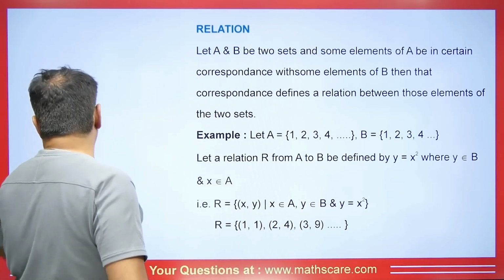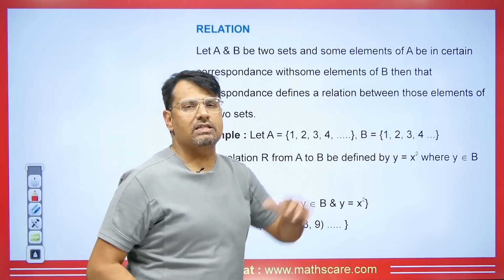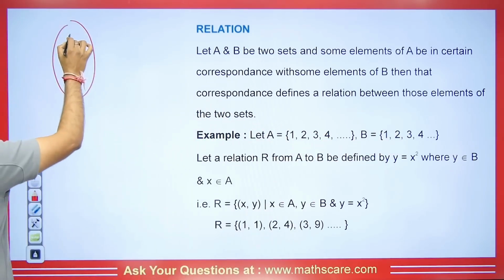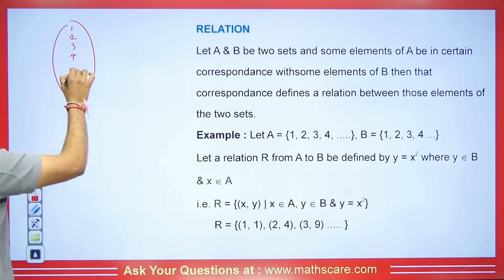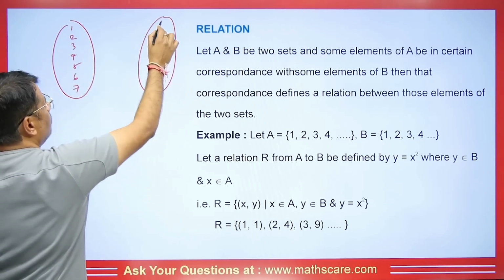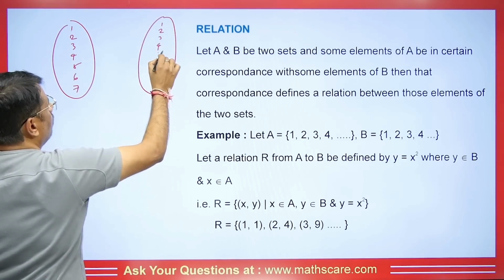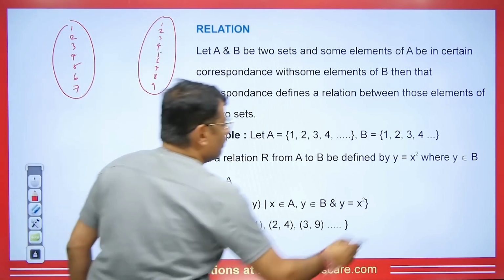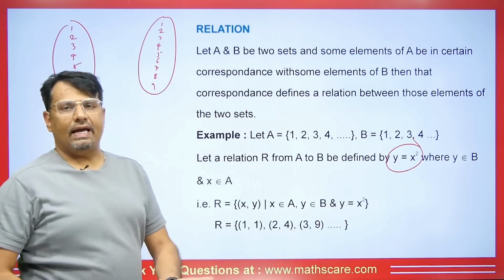For example, as I speak here, we have set A and we have set B. In set A, the elements given are natural numbers like 1, 2, 3, 4, 5, 6 and 7. And here the set B we have is also a set of natural numbers 1, 2, 3, 4, 5, 6, 7, 8, 9. Now the function we have defined here is y equal to x square.